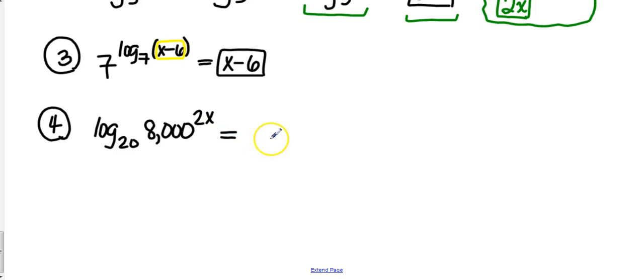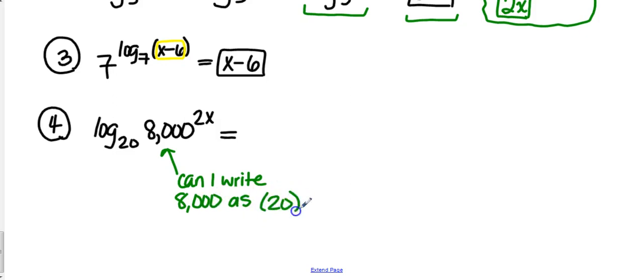Just like before, where it's not a direct connection yet, if I see log base 20, the strategy would be, can I write 8,000 as 20 to a power that I don't know yet?